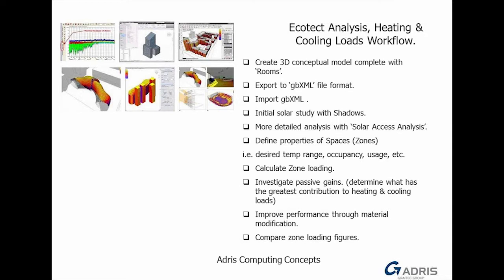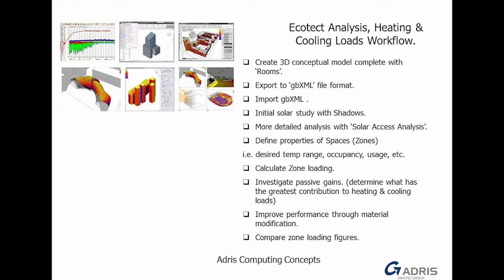To get a ballpark figure, we could initially just turn on the shadows and see what the position of the sun is and what the shadows are telling us. Possibly we might want to do a more detailed analysis using solar access analysis, and I'm going to be running through that wizard with you.